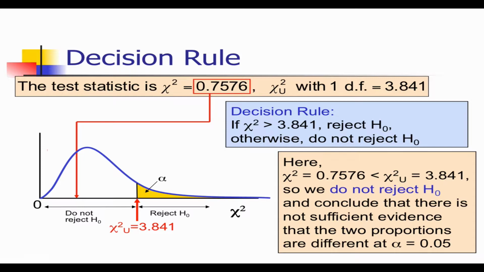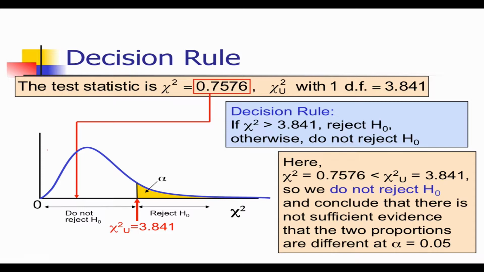And here we observe 0.75, so very naturally we fail to reject the null hypothesis, and we conclude that we do not have sufficient evidence to say that the proportions are different. Scientifically, that means we do not have evidence to say females have a different hand preference compared to males.